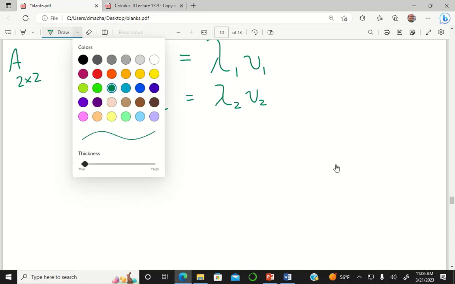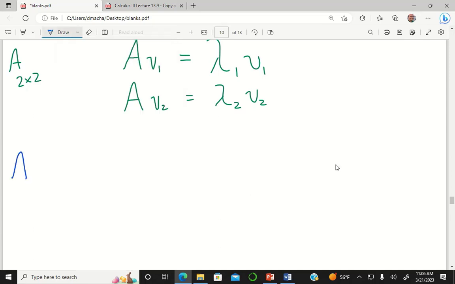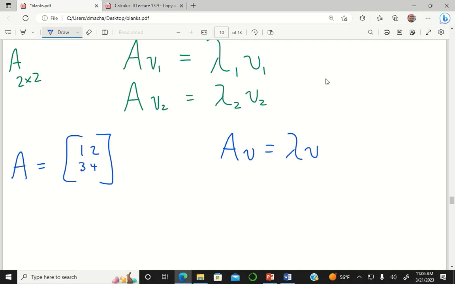The boring way to do it is to say, okay, my matrix A is the matrix 1, 2, 3, 4. If I wanted to find an eigenvalue, I'm going to write this equation here. I could subtract lambda nu from both sides, and I would have something like this. Right?